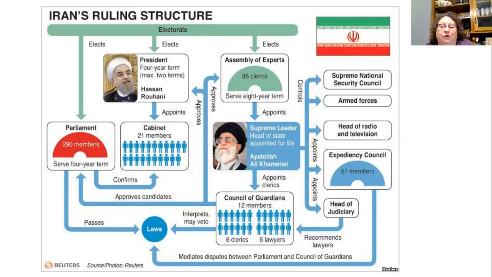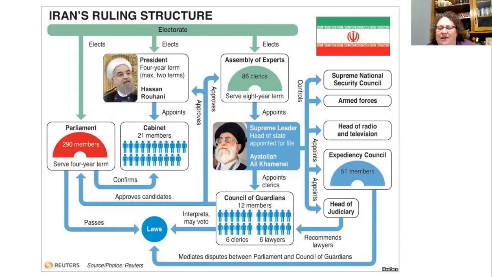The Ayatollah then appoints 6 of the Guardian Council, and the other 6 are appointed by the head judiciary. The Guardian Council has 2 very important powers. They get to vet any candidates, and veto any laws. Get my V's mixed up here.